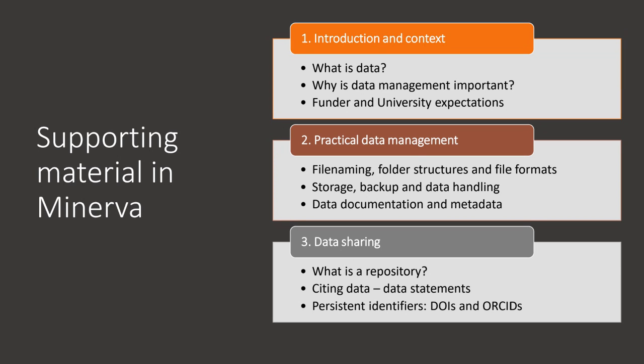Then finally, in that third module, we introduce the idea of persistent identifiers. And 2 key persistent identifiers that you need to be aware of as researchers are, first of all, digital object identifiers, or DOIs. You'll almost certainly have seen DOIs on journal articles and other online content. This is a permanent and persistent identifier that usually appears in the form of a clickable link, and it always takes you to that journal article or associated material wherever it is on the web.